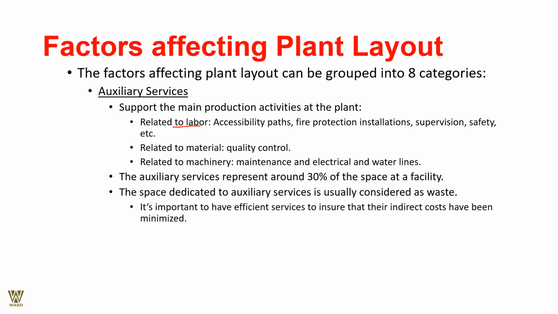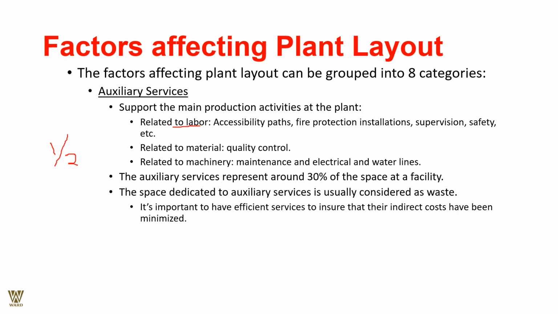Similarly, related to the material, if there are chemicals which may be flammable or which might cause harm to materials and manpower, we should take proper precautions. Now, these are the auxiliary services that need to be taken into account, related to the machinery, the maintenance, and the electrical and water lines that come around it. Remember, auxiliary services represent approximately one third of the space of a facility altogether.